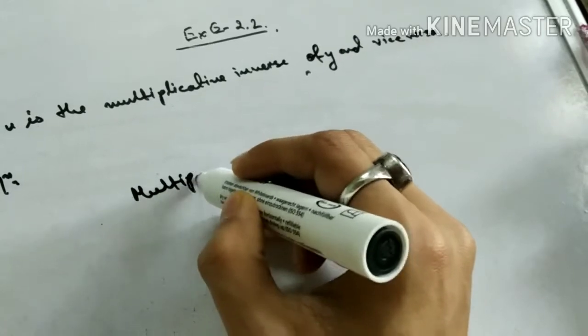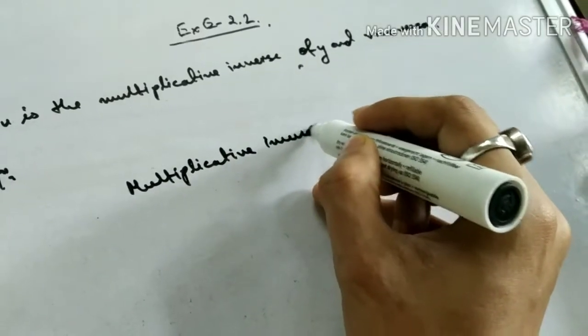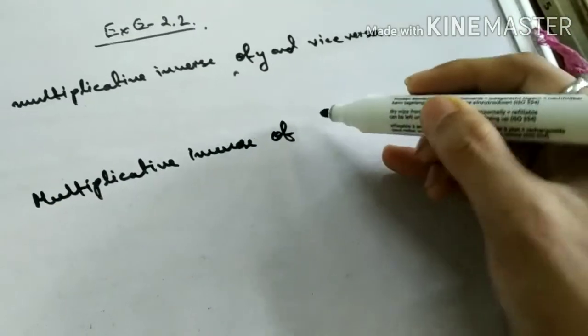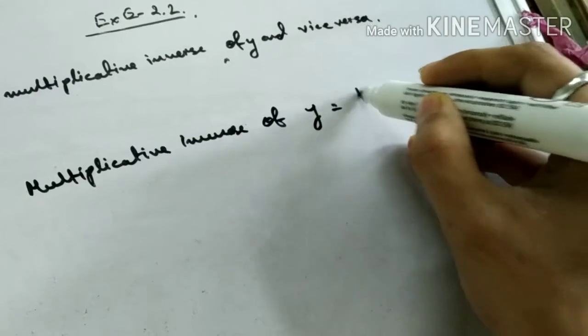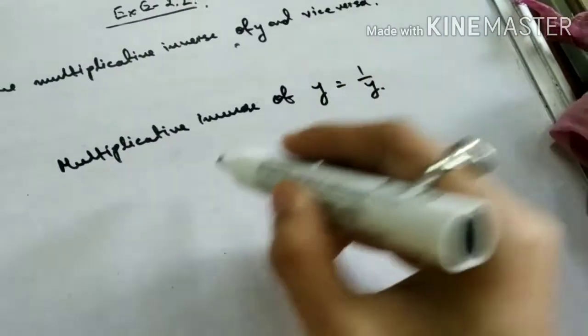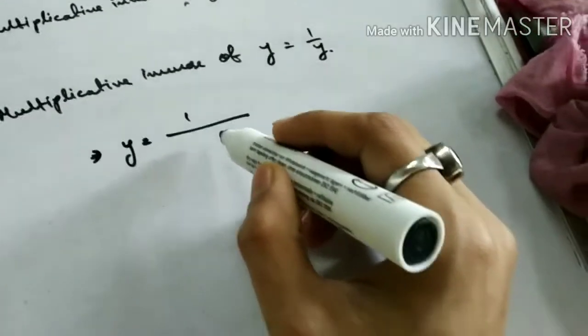Multiplicative inverse of y is equal to 1 by y.